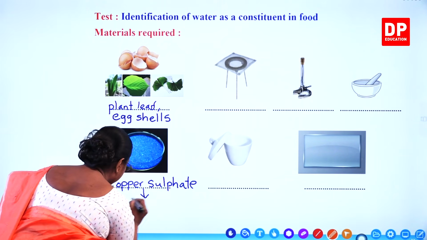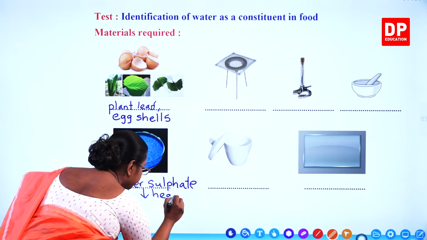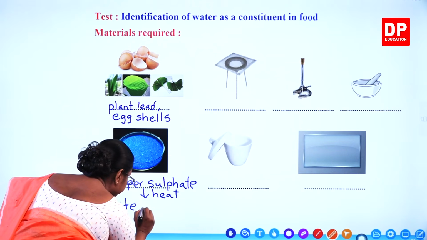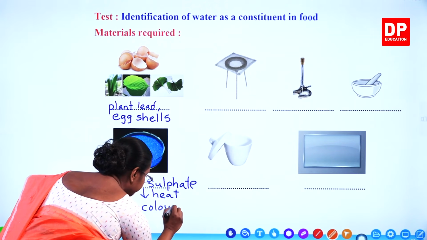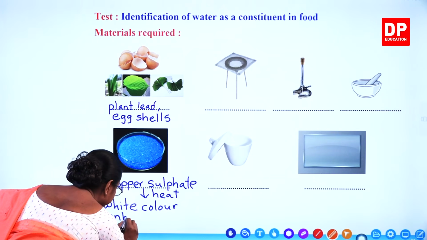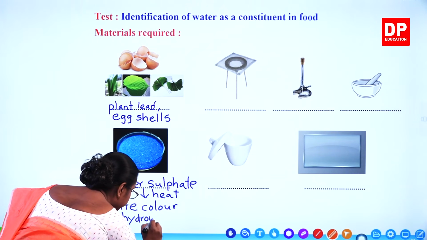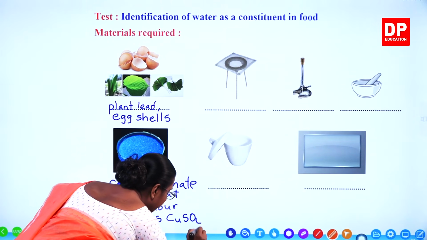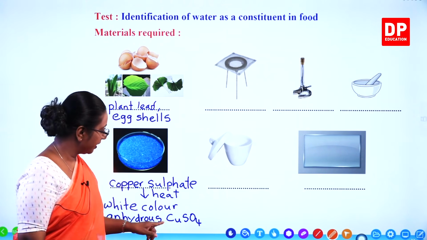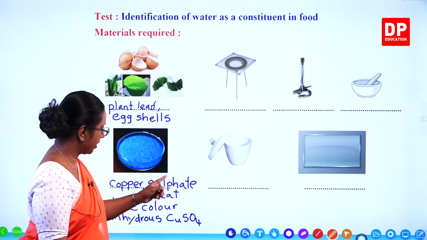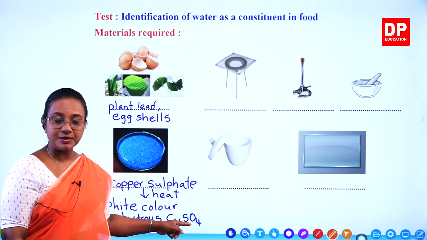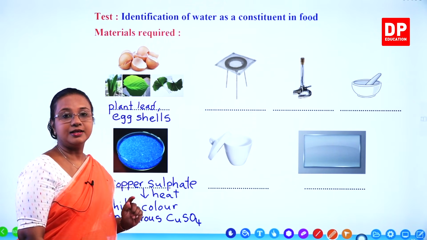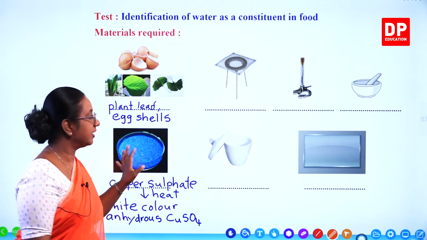We will heat and take the white color anhydrous copper sulfate. The chemical formula of copper sulfate is CuSO4. So I have written both so that you will remember the chemical formula as well. So we will be needing the white color anhydrous copper sulfate for the test.